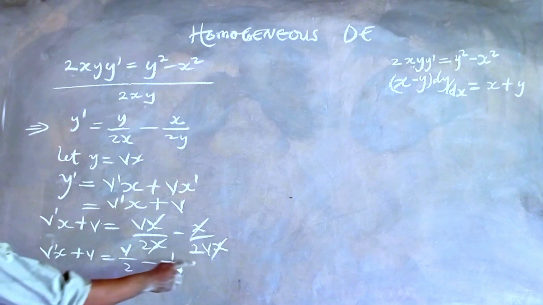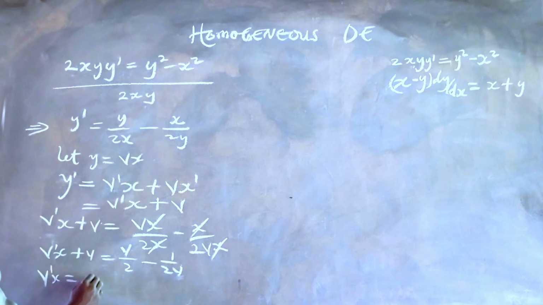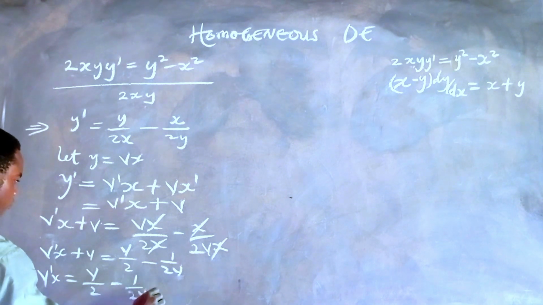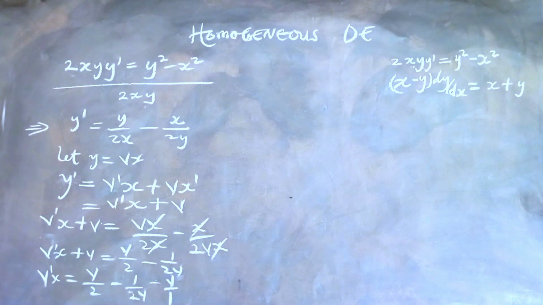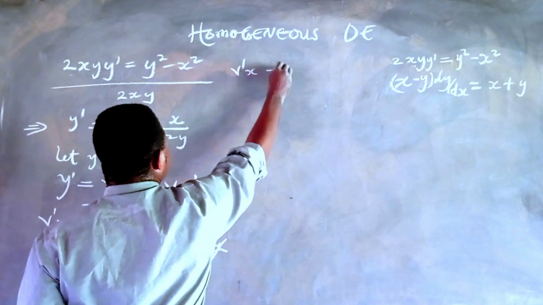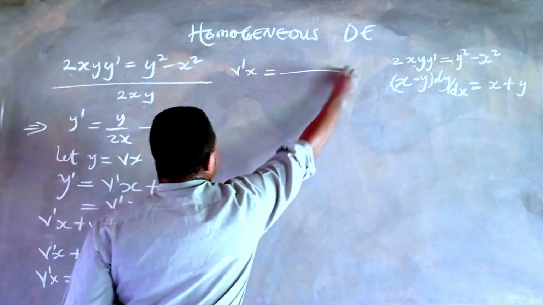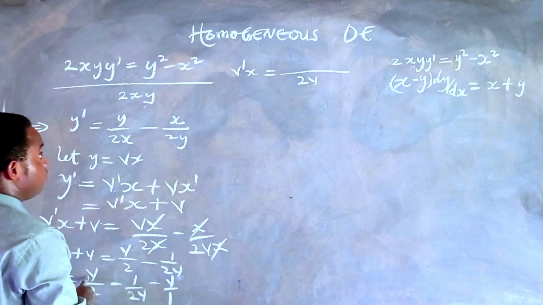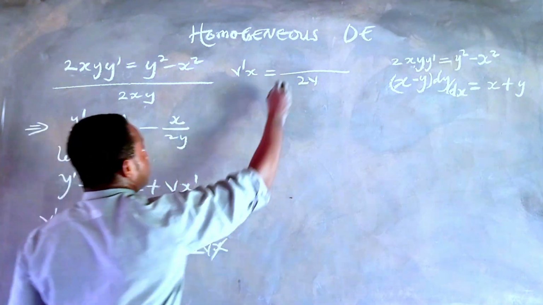Now you notice we have a lot of v there, right? Next we put all the v on one side. So we subtract v from the left hand side, so we bring it to this side. Let us combine all as one piece on the right hand side. So we have v prime x equal to, let's put in the LCM there, 2v, right? 2 into 2v is v, and multiplied by v up there we have v squared.